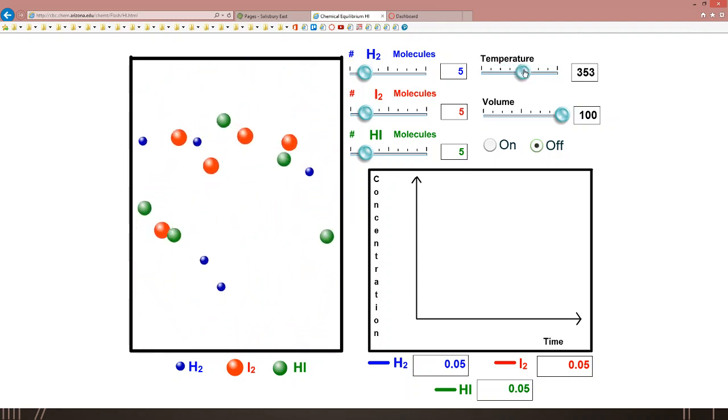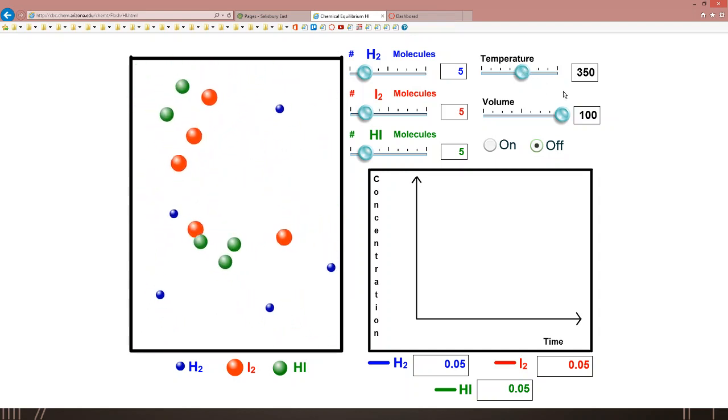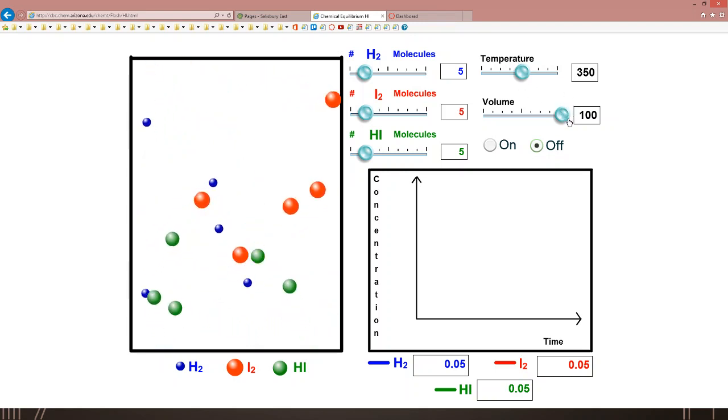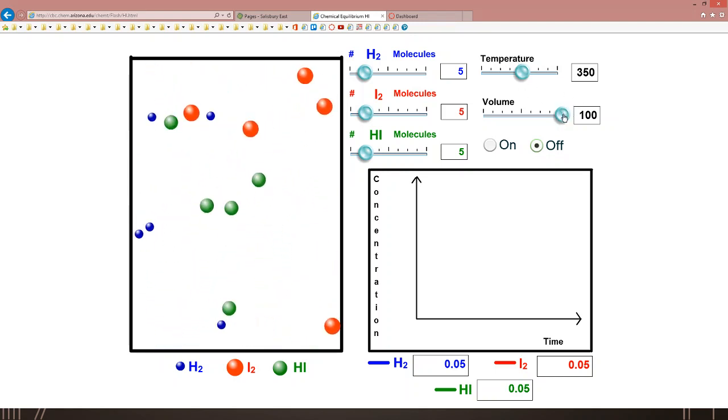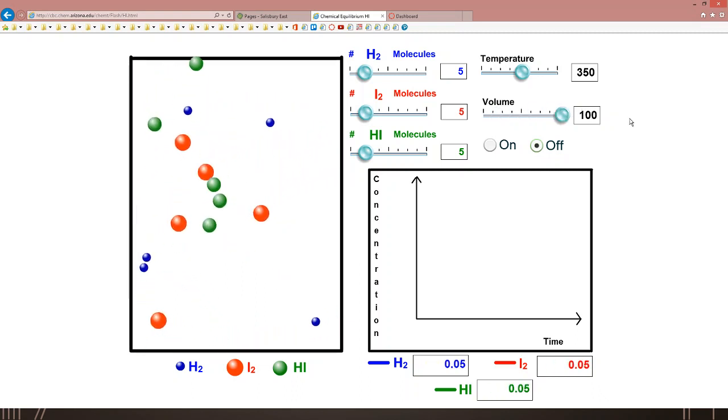Fairly hot actually. Like what, 30, 40 degrees? It's not, yeah, it's just warm, room temperature-ish. Volume is going to be 100. I could manipulate that too, but let's go with 100 to start with.